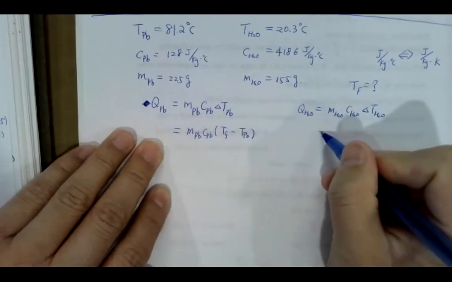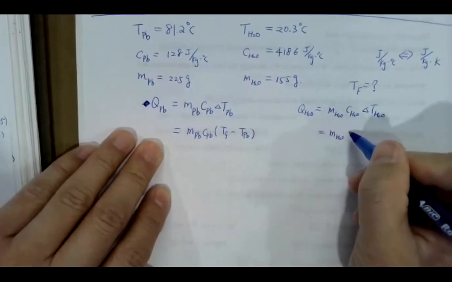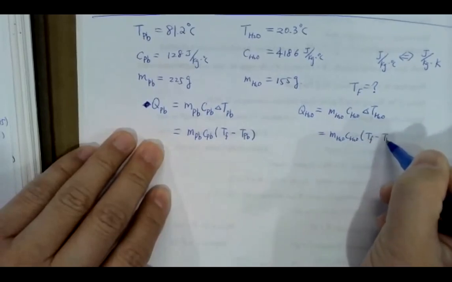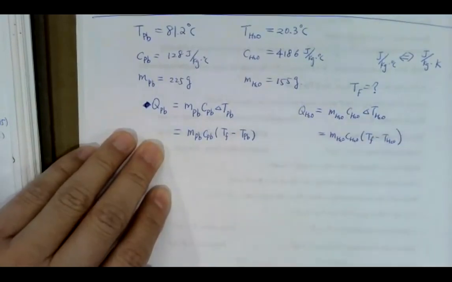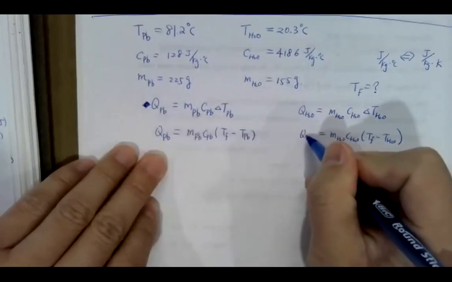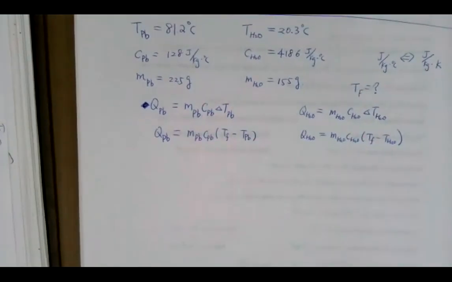Similarly, for the water it should be M water, C water times T final minus T water. So this is the heat change for the metal, and this is the heat change for the water.